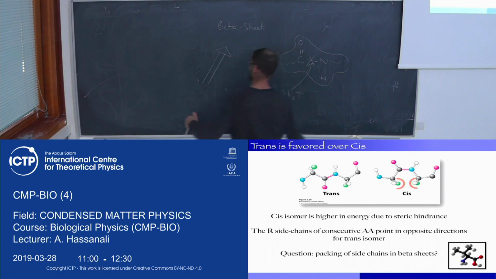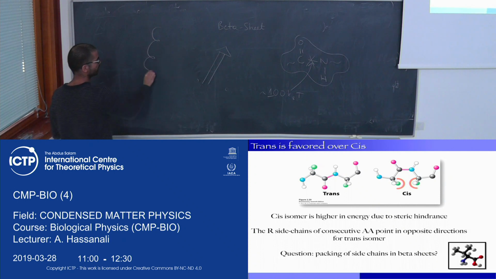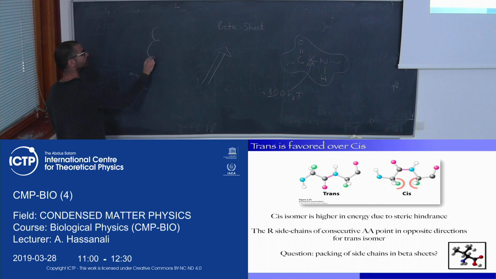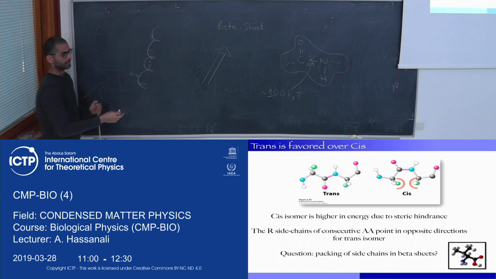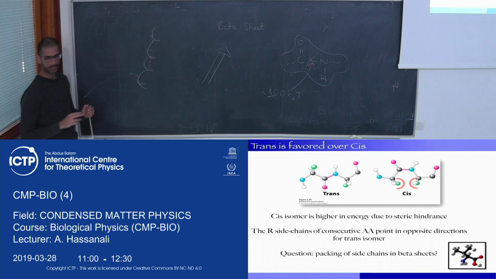I have a CO group here, I have an H, and then somewhere else here I'll have maybe a CO, and then an NH, and then maybe another CO, an H. Now, the way I'm drawing these groups is actually incorrect.